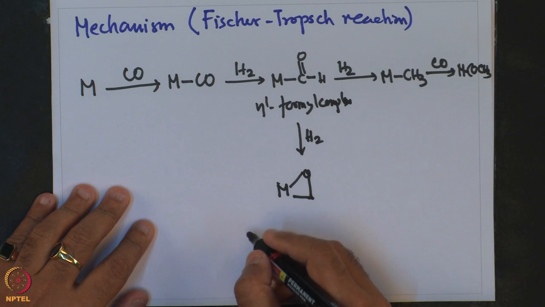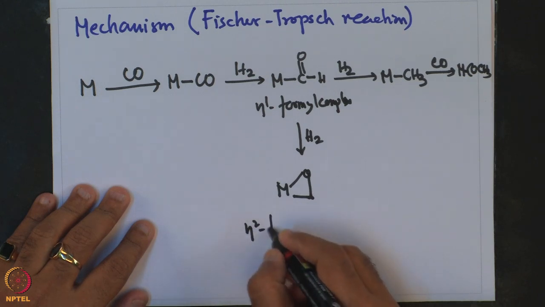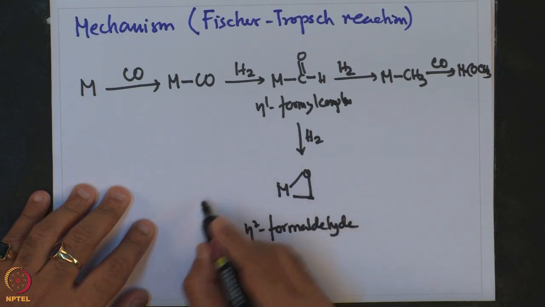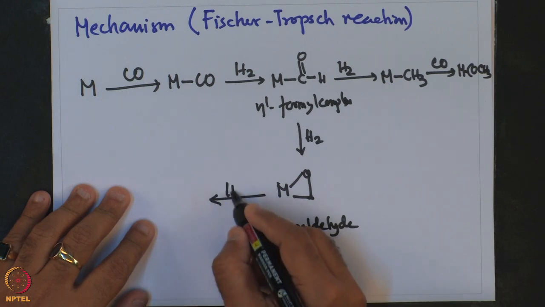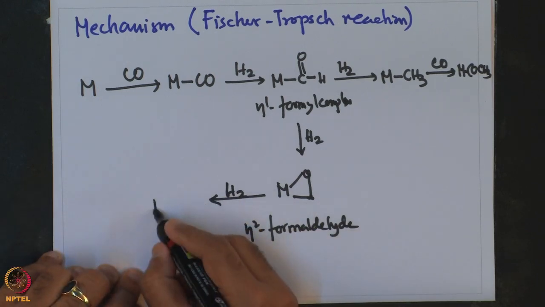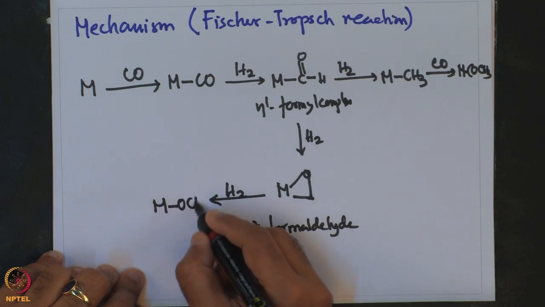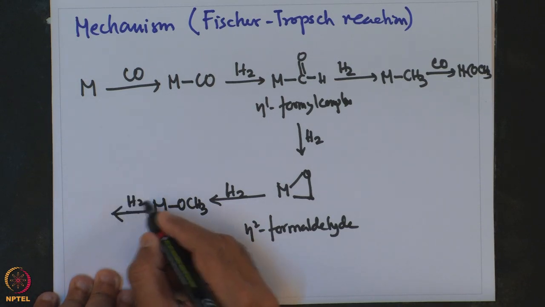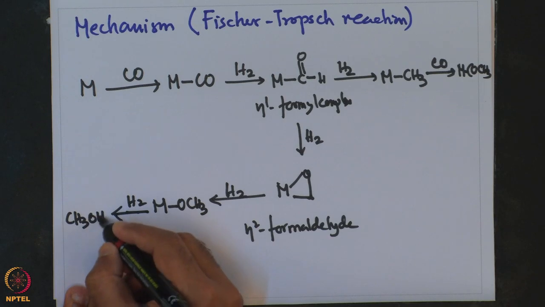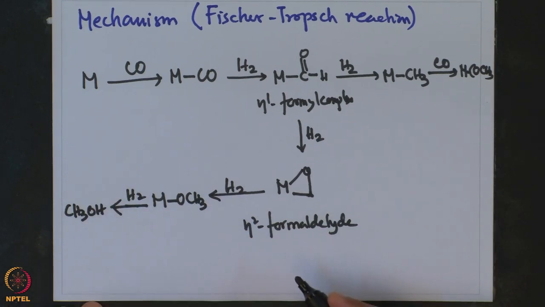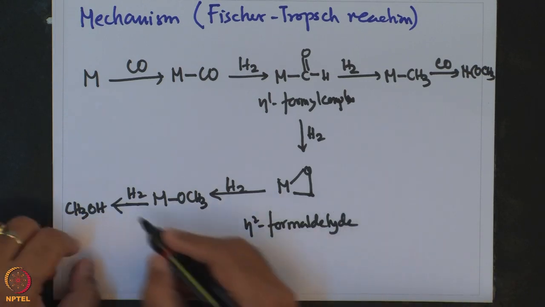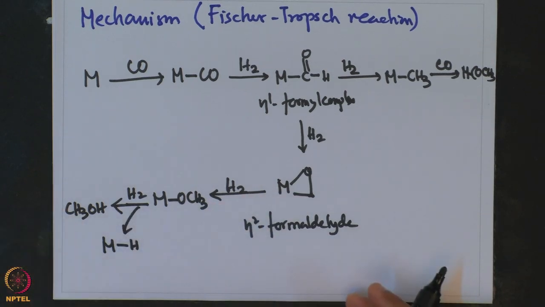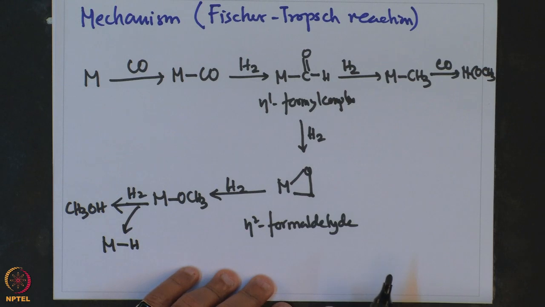This is an eta 2 formaldehyde complex, and that reacts with hydrogen giving MOCH3, with further reaction with hydrogen giving CH3OH, and resulting in metal M hydride. So, this gives methanol and metal hydride.